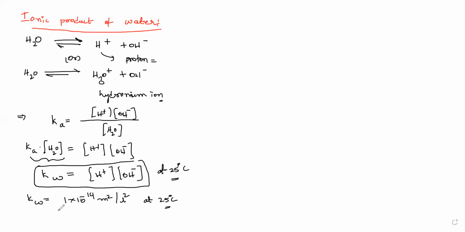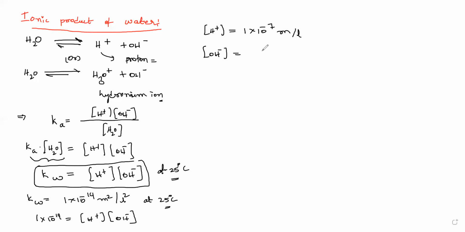This is equal to the concentration of H plus times the concentration of OH minus. Based on this, the concentration of H plus is 1 into 10 to the power of minus 7 moles per liter, and the concentration of OH minus is also 1 into 10 to the power of minus 7 moles per liter. So the ionic product of water is 10 to the power of minus 14.